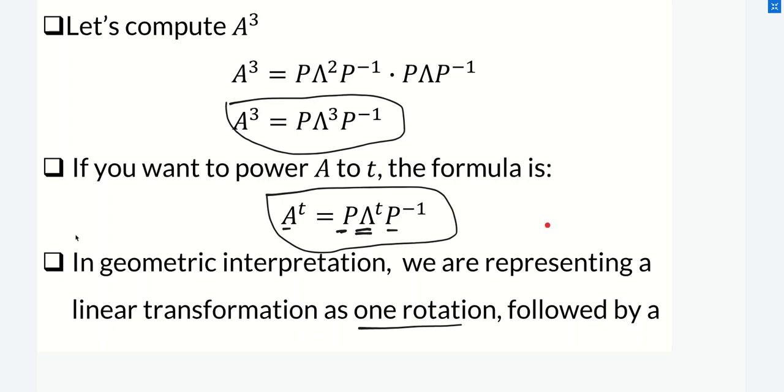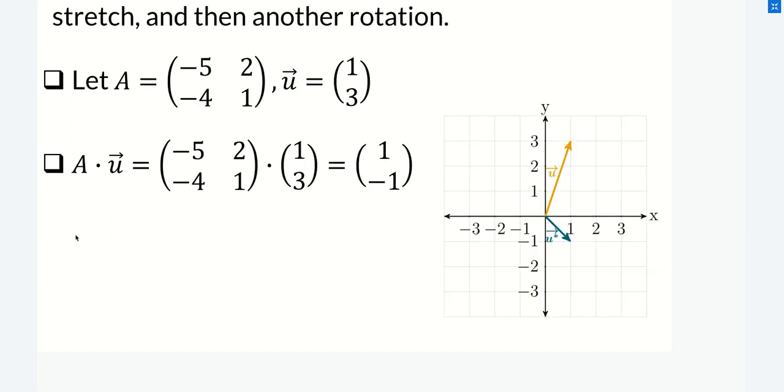Now in other books, it's also written like this. In other books, they have the prime, then they also have the inverse, then they will have this, then they also have this. You can also see something like this. They're all correct. All right, so we rotate, we stretch, then what? We rotate again.